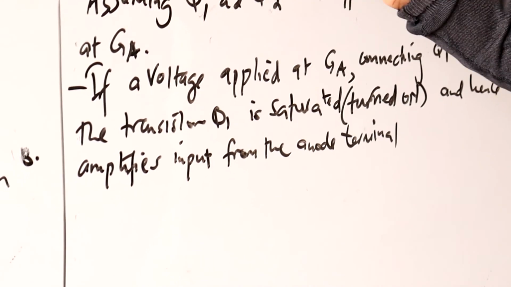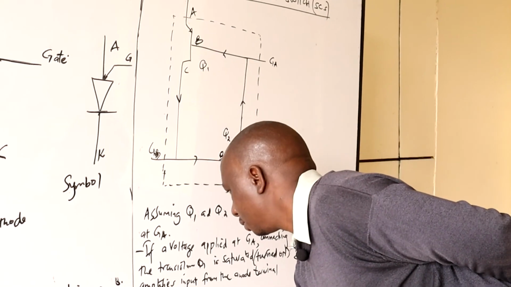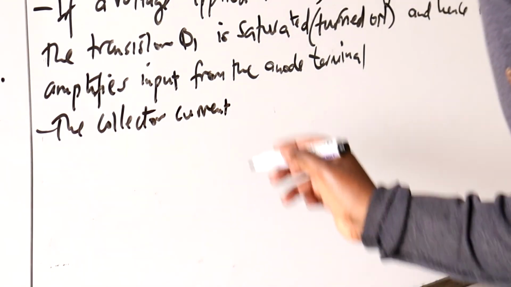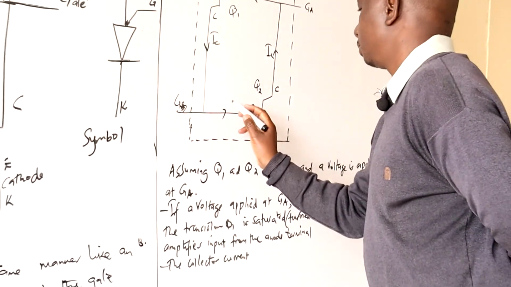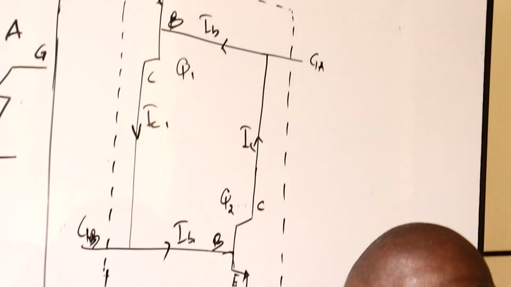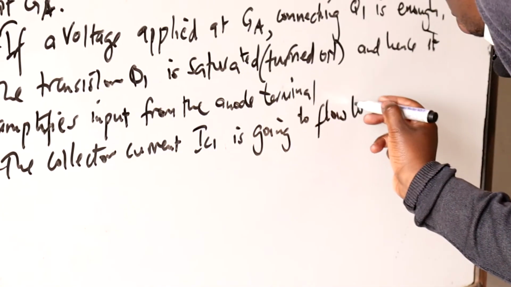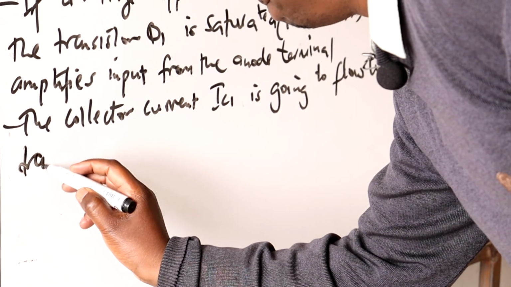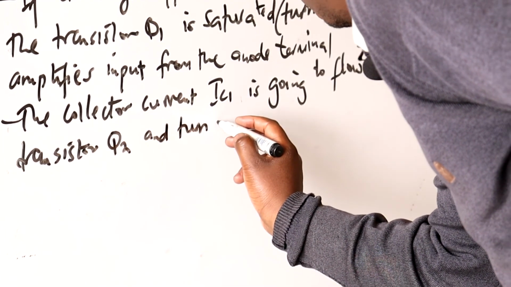That amplified input is going to connect to the base of the transistor Q2. The collector current IC1 is going to flow to the base of transistor Q2 and turn it on.